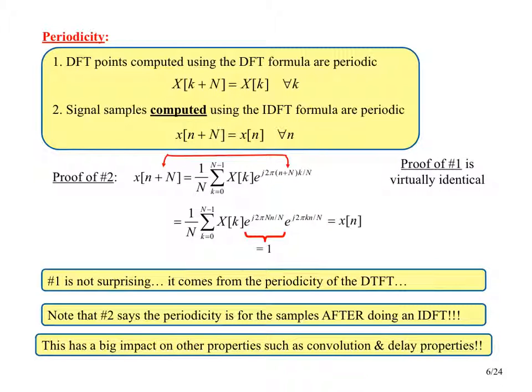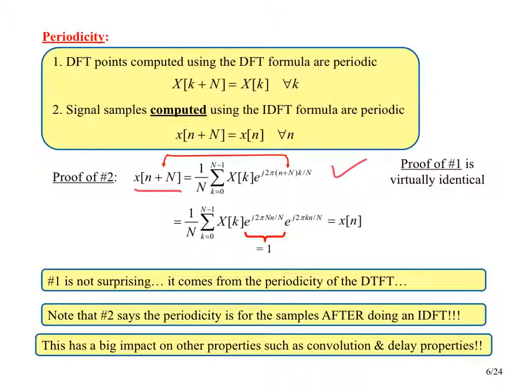But for now, let's just prove this periodicity in the time domain due to computing a DFT and then taking its inverse DFT. So we start off with just writing out the DFT, inverse DFT result for a shifted version of x of n.